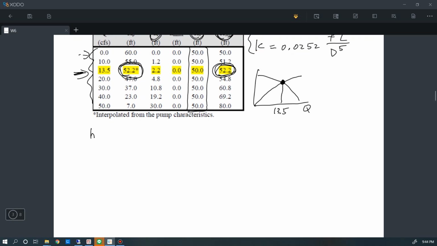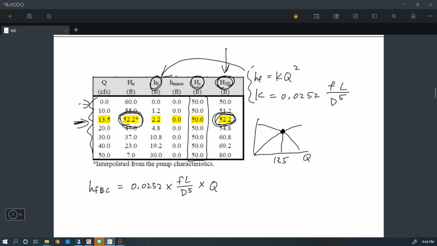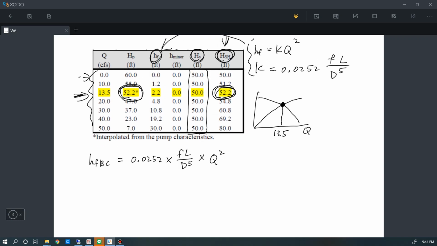So let me just write down the friction head loss. Friction head loss for the BC segment will equal 0.0252 times F L divided by D to the power of 5 times Q square. And just plug in the values, where F is equal to 0.02.